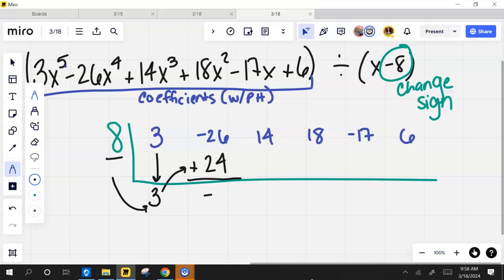-2. Add. Yep. So we are going to constantly multiply, add until we're done. So always going back to this outside number, 8 times -2, -16, and add -2.